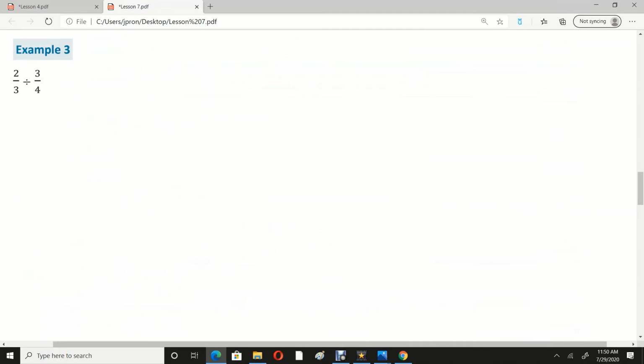You can either use the measurement division or partitive division models. You choose, and I want you to not only answer, you can use invert and multiply to get a quotient for this, but you still have to draw me a model. I'm going to give you about 4 or 5 minutes to work on that. Go.